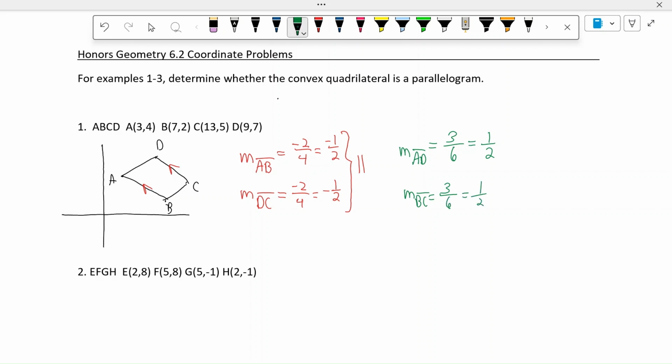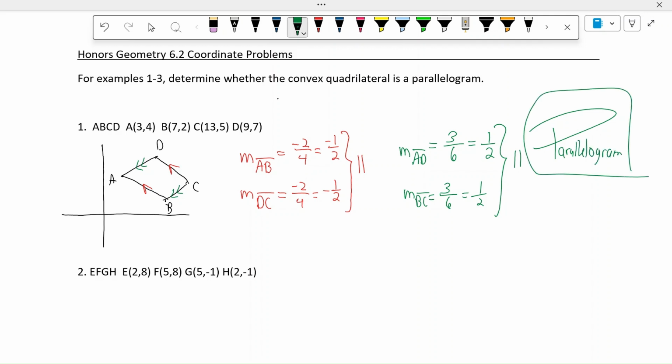That also simplifies down to 1/2. Comparing those two slopes, they're equal to each other, so that means that these are also parallel. And because both pairs of opposite sides are parallel to each other, that means that yes, this shape is a parallelogram.